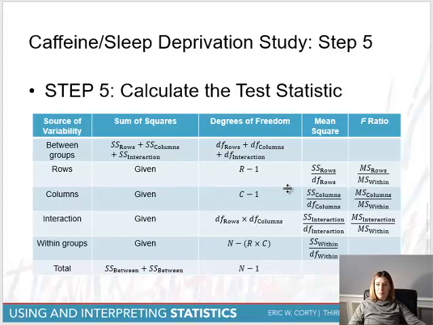Mean square for our column, sum of square for column divided by degrees of freedom for column, so on and so forth. And then our F ratio is always a mean square for our factor over our mean square for our error term, which in this case is our within groups. Here are 2 independent variables, our row and column factors, and then we're going to divide by the error.